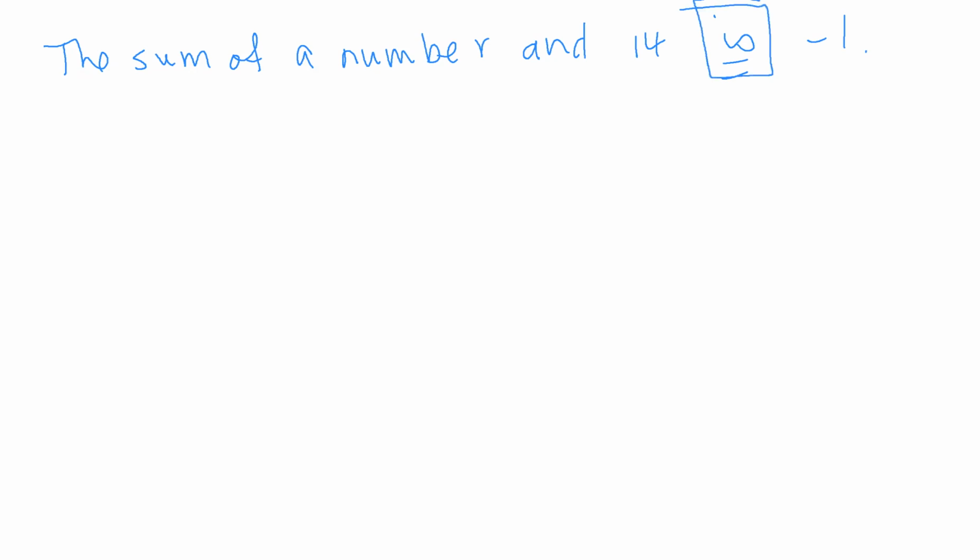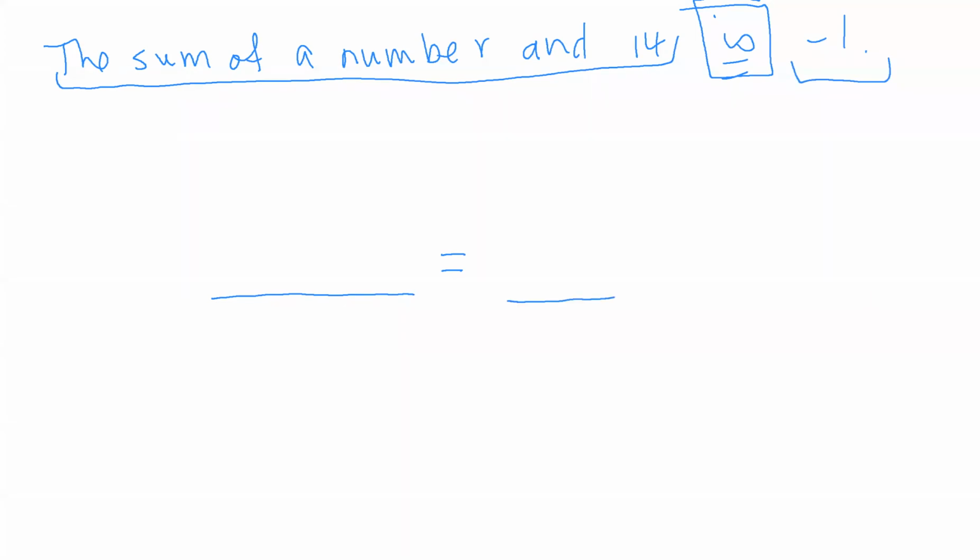It's telling me that the sum of a number and 14 is the same as -1. So this word is quite literally my equal sign. So what we do is we take the entire left-hand side, and that's going to go to the left of the equation. And then the entire right-hand side is going to be the right-hand side of the equation. So I can go ahead and say the right-hand side is -1.